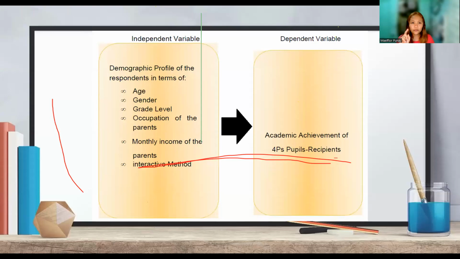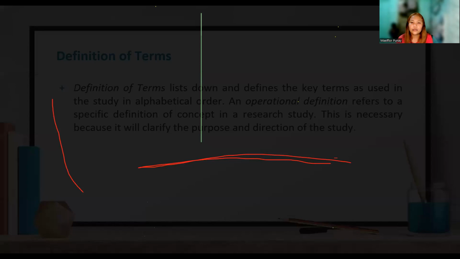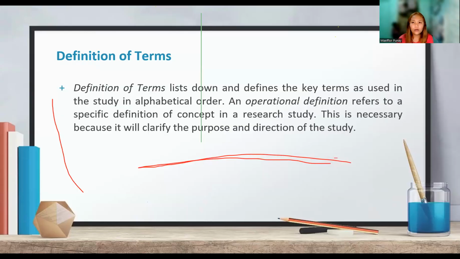And then it is related to the dependent variable, which is the academic achievement of 4P's pupils recipients. So naa siya yung relationship. So from the main topic, ang academic achievement of 4P's pupils recipients, mo ni ang independent variable. Okay. So that is all about the conceptual framework.